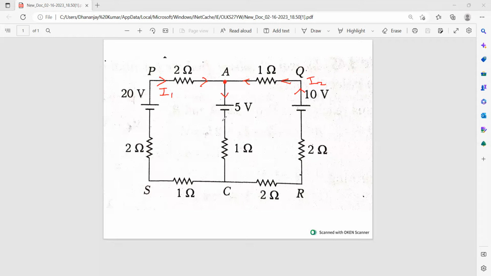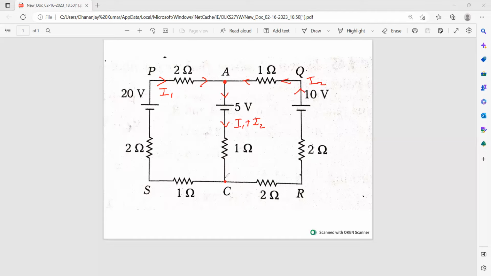The current in this branch AC will be how much? I1 plus I2, like this. Now come to the point C. For the point C, how will this I1 and I2 distribute?